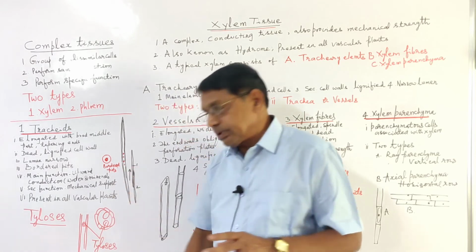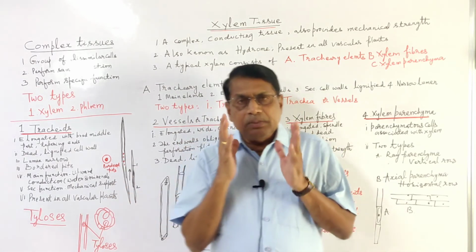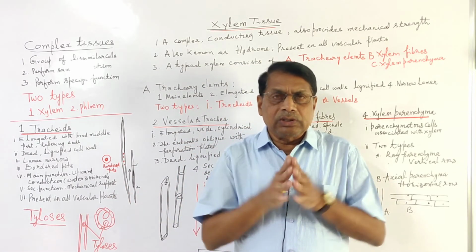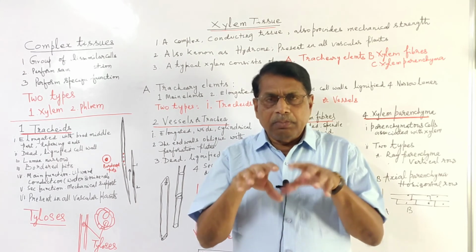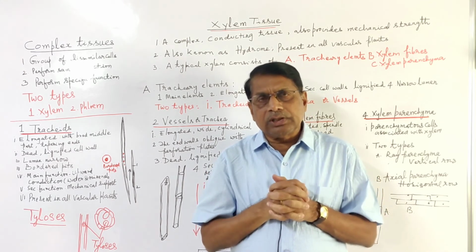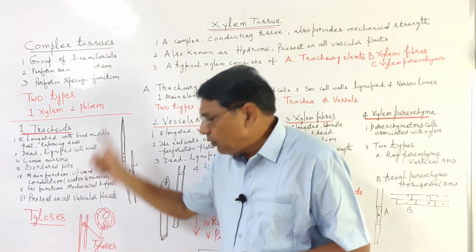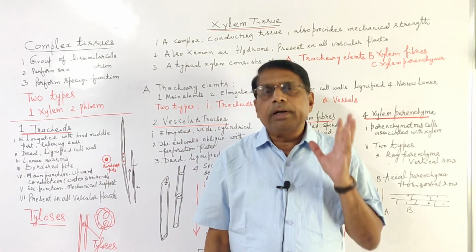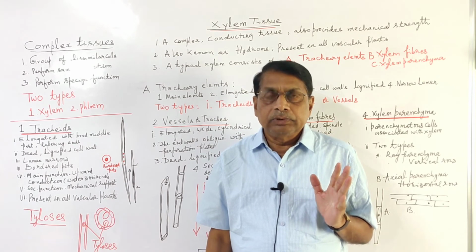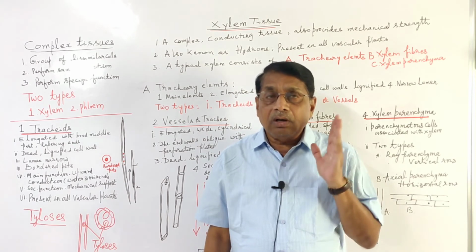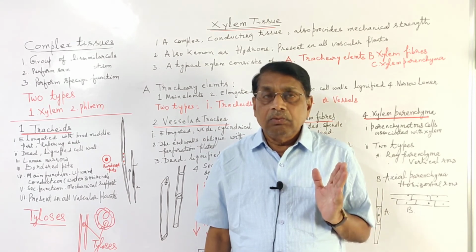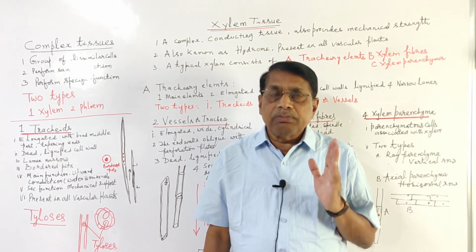What is the importance of these tyloses? These tyloses are balloon-like structures. They obstruct the upward flow of water and minerals. Is it beneficial or harmful? In some cases, it is beneficial.